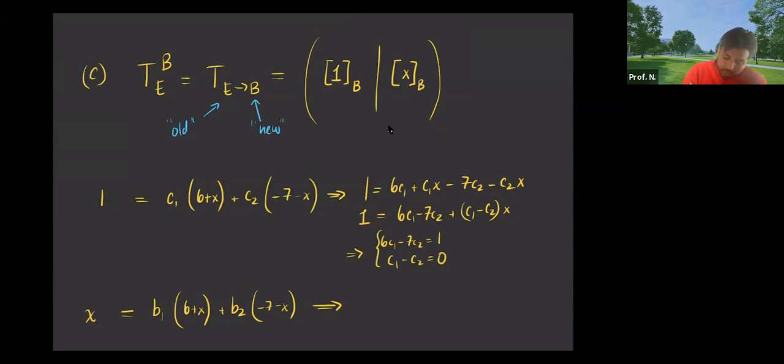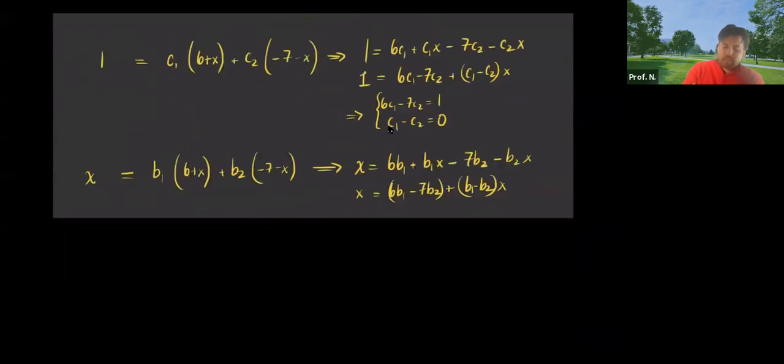And then the next one: x is equal to 6b1 plus b1x minus 7b2 minus b2x. Combine like terms and I get 6b1 minus 7b2, that's the constant, plus (b1 minus b2)x, and this equals x.